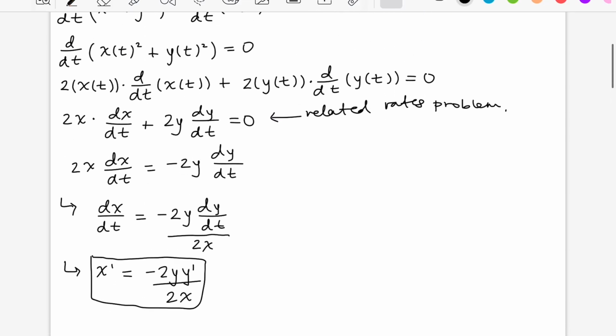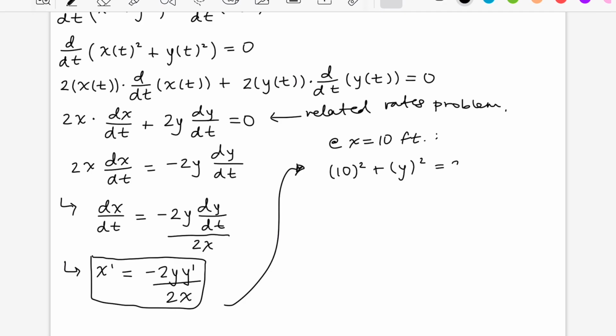So I think I'll write this over here. So when x is equal to 10 feet, we'll get 100 plus y squared is equal to, this will be 676.